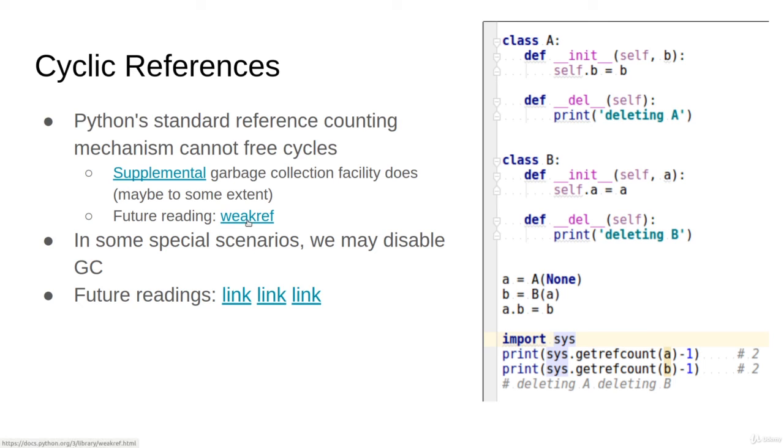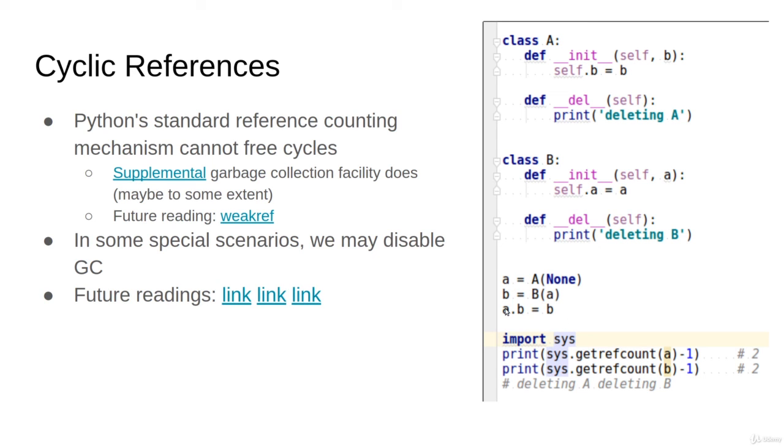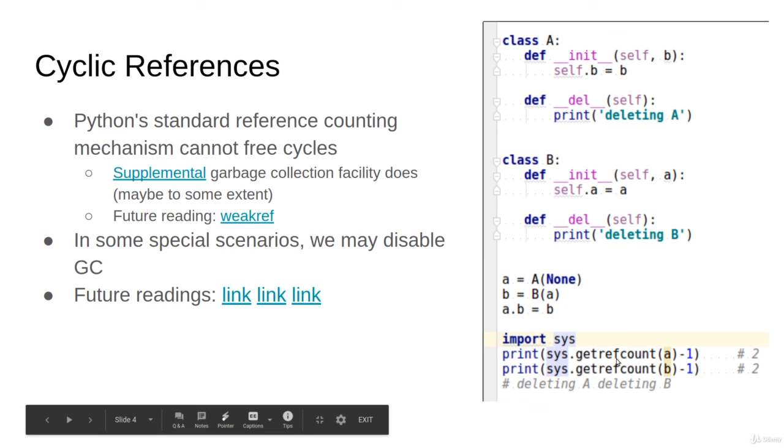I'm putting here some links about the weak references in Python and their role, and also some future reading links here. Also observe, it's something that will not be so helpful, but in case, you can also get the reference count of an object. So the variable a here, for example, how many references does it have? 2. One reference from here and one reference inside here, so we have 2. When you call the get reference count, you will always get 1 plus, like 3 for a, 3 for b.